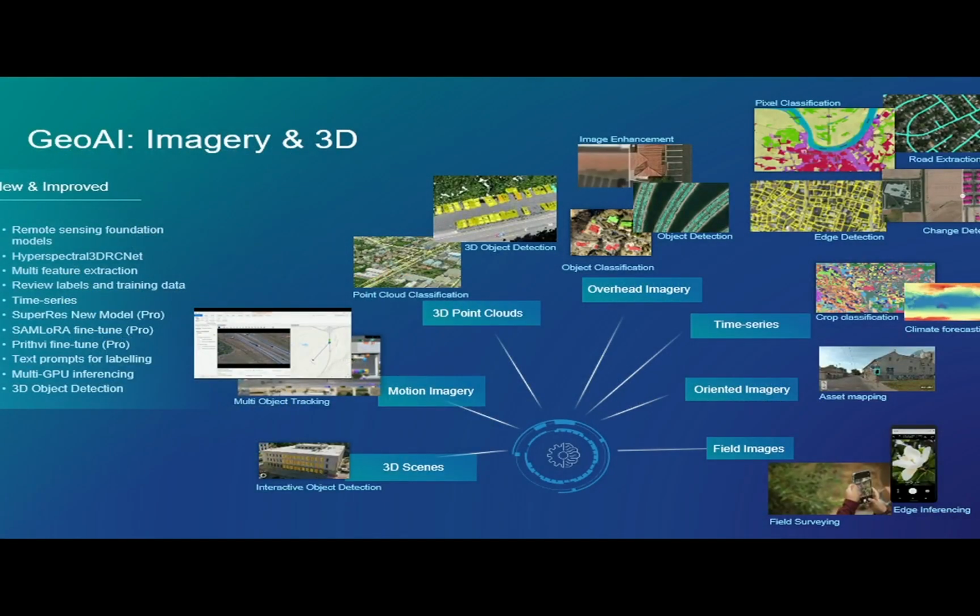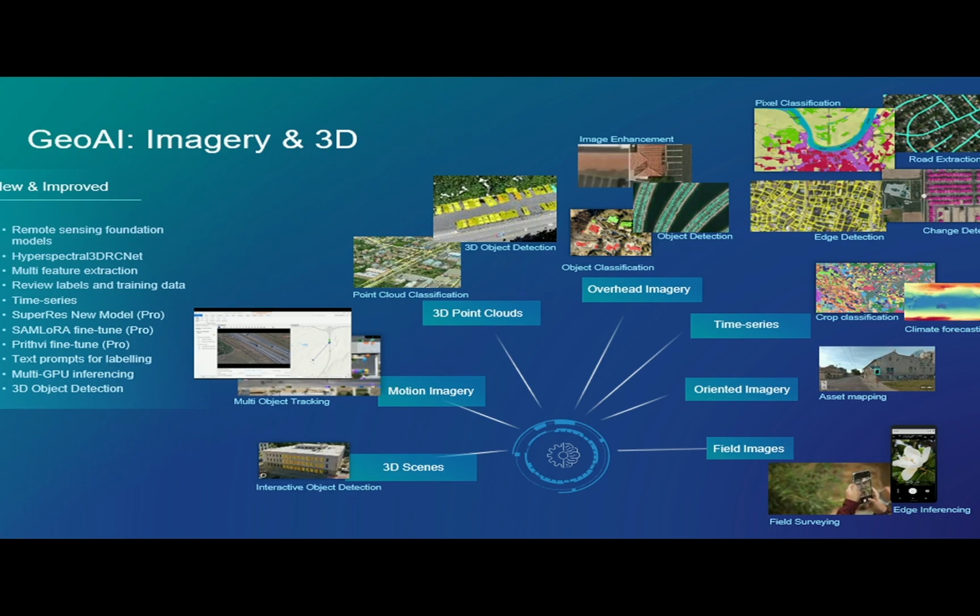On this screen, you see various data modalities for 3D and imagery. In the boxes, we have different kinds of data types, such as 3D scenes, point cloud, overhead imagery, oriented imagery, motion video, which is video really, motion imagery, time series data. When we talk about imagery, not just true color images, we support multispectral, hyperspectral.